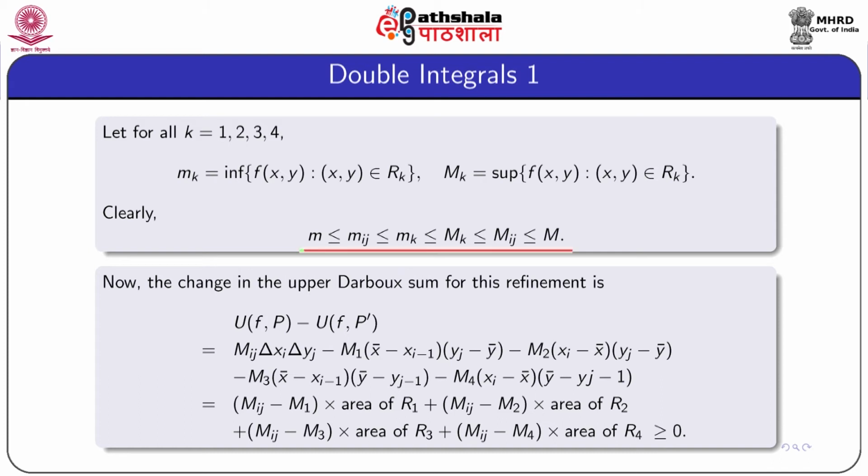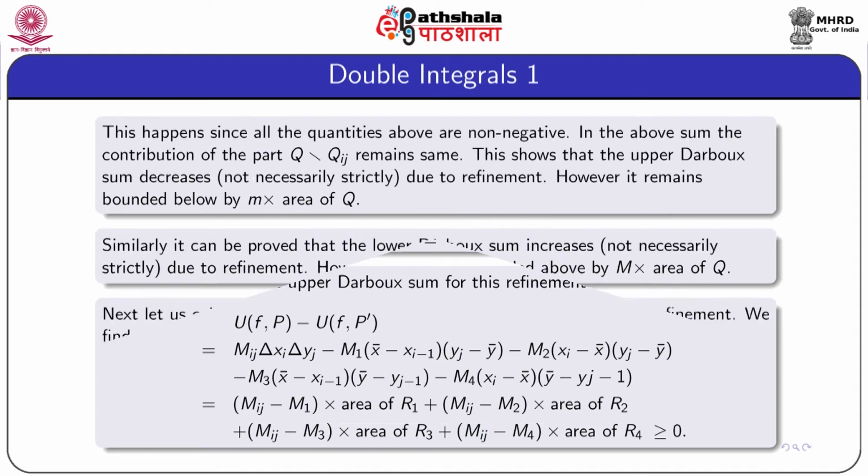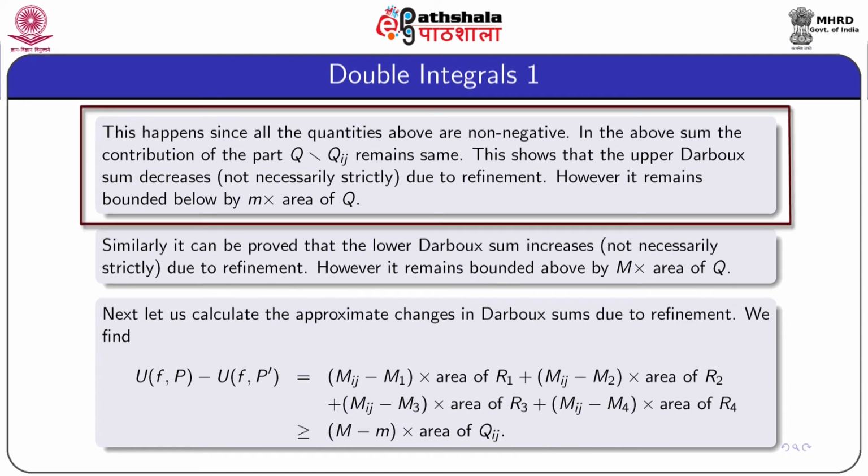Clearly, small m is less or equal to small mij, less or equal to small mk, less or equal to capital Mk, less or equal to capital Mij, and this is less or equal to capital M. Now, we calculate the change in the upper Darboux sum for this refinement, and we find that U(f,P) minus U(f,P dash) happens to be (Mij minus M1) times area of R1 plus 3 similar terms, which is obviously non-negative. This happens as all the quantities above are non-negative.